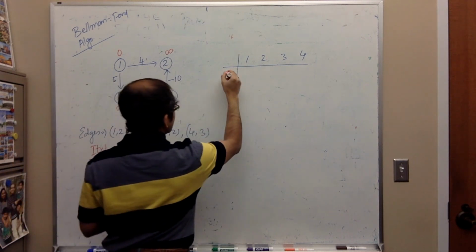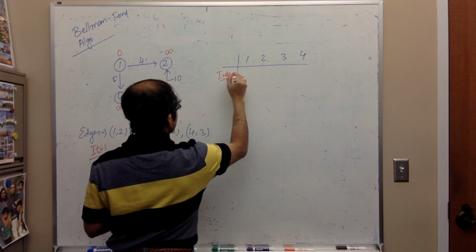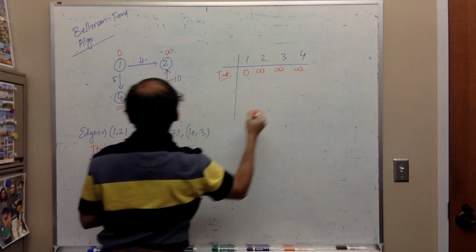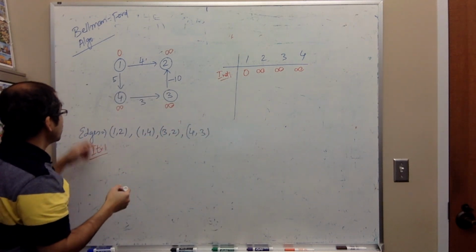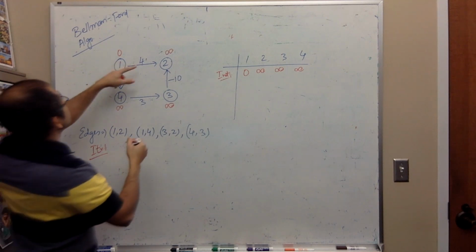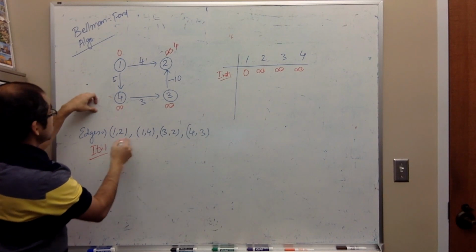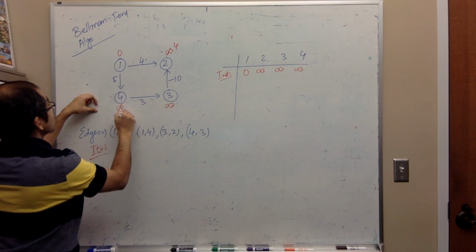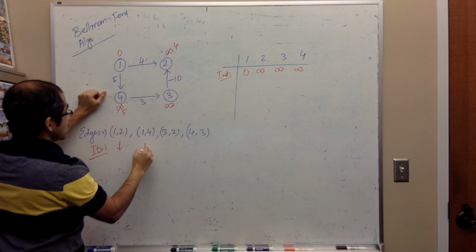We start with the node 1, so initially, initialization, 1 is 0 and the rest are infinity. Then in iteration 1, 1 to 2 is 0 plus 4, so infinity changes to 4. 1 to 2 is reduced. 1 to 4 becomes 5 because 0 plus 5 is less than infinity, so 1 to 4 also changes.